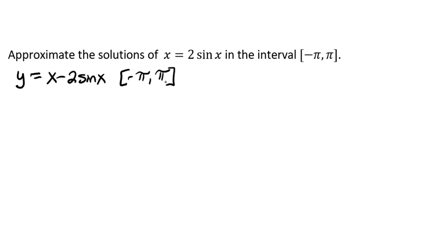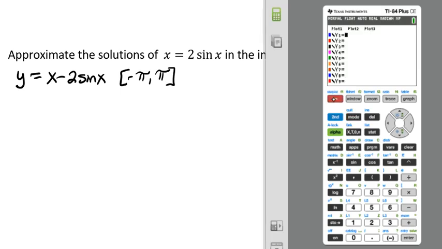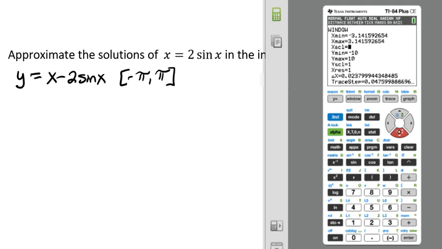So let's go ahead and pull up our calculator, and we'll go to our y equals, and we'll plug in x minus 2 times the sine of x, and we'll go to our window. We'll graph from negative pi to positive pi, and we'll have a y minimum of negative 3 and a y maximum of 3.